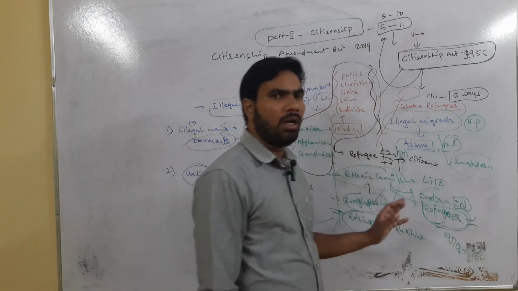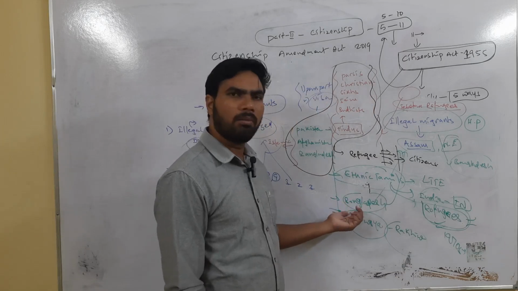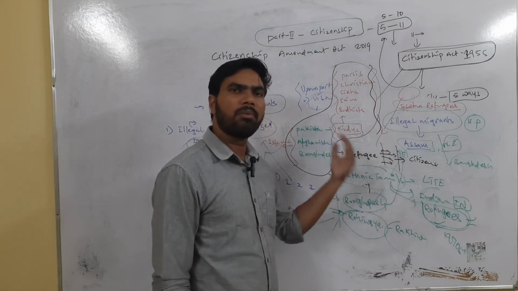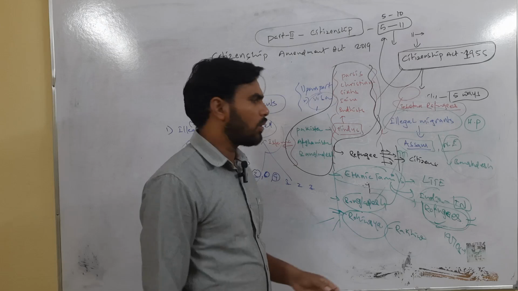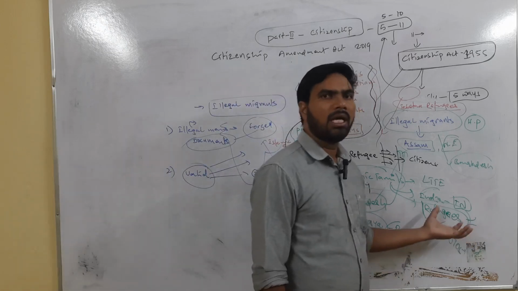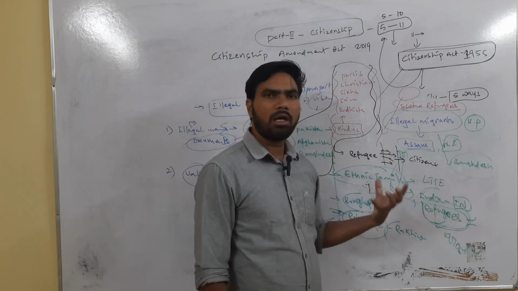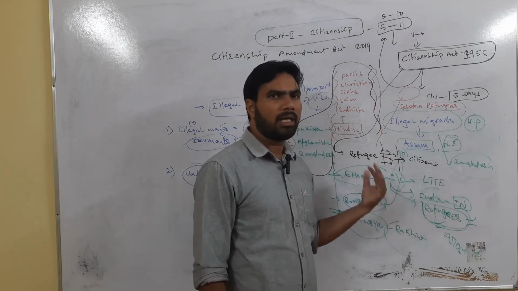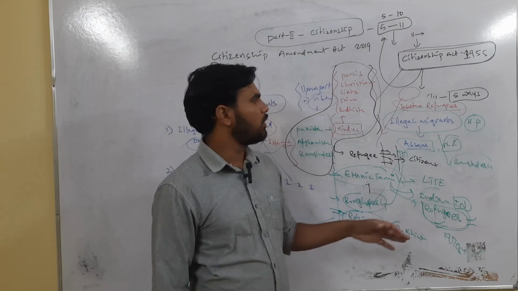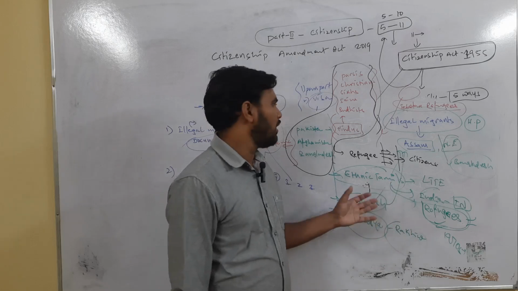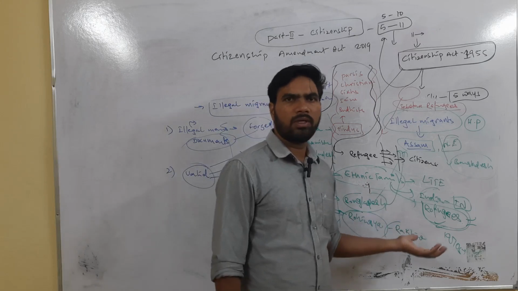Most have gone into Bangladesh, but it is believed that some have come to India also. Some Rohingya Muslims sought refuge in India, but the Indian government refused: we are already overpopulated, and we are not in a position to provide asylum.